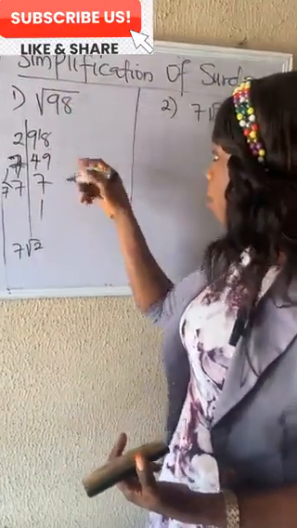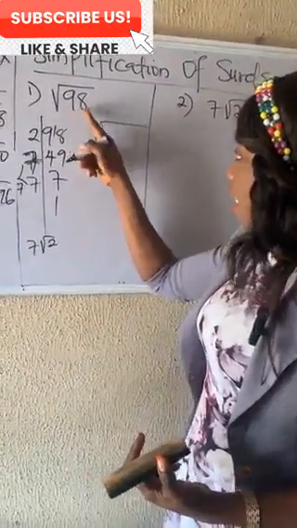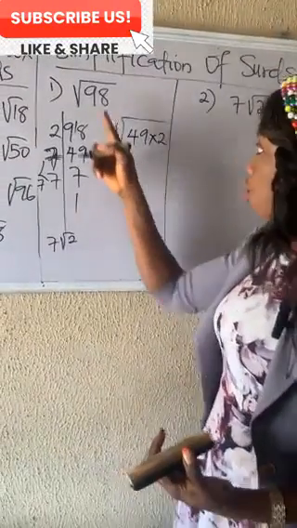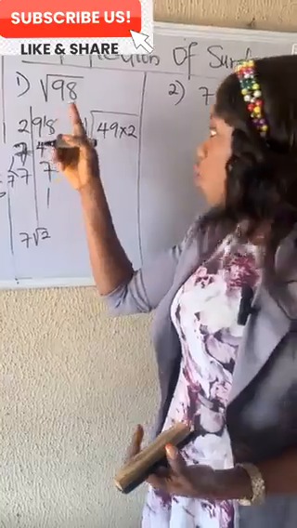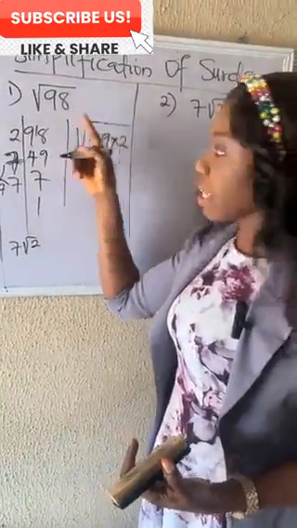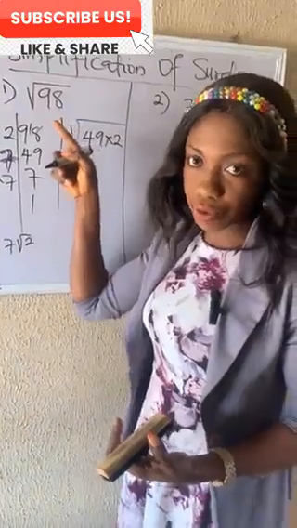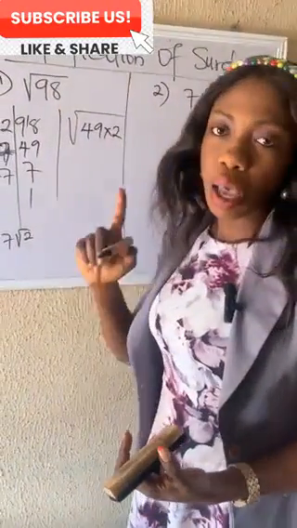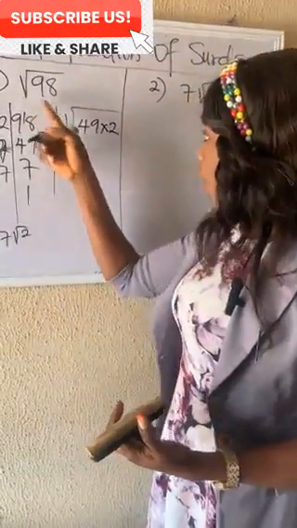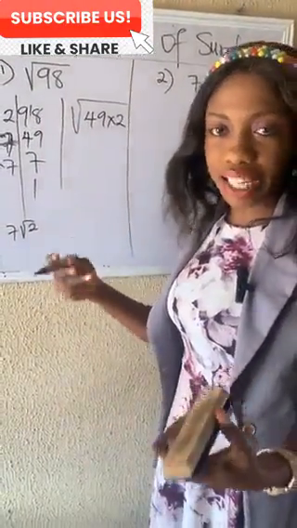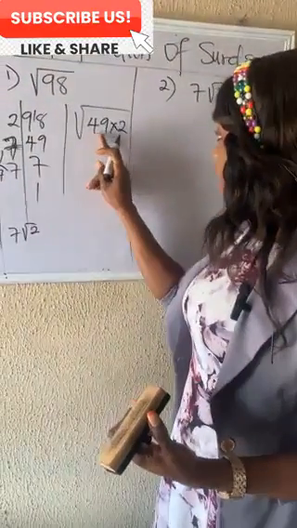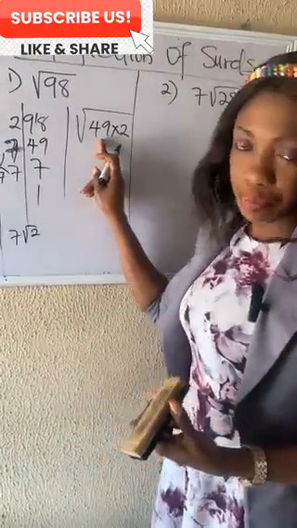Okay, another way you can do this is, you know that 98 is 49 times 2. So in the second method, you get 2 numbers that when you multiply, give you back the number you are looking for. But out of the 2 numbers, make sure that one of them is a perfect square. When you talk about 98, there are some other numbers that when you multiply them, give you 98. But out of them, it is 49 and 2, because 49 is a perfect square.